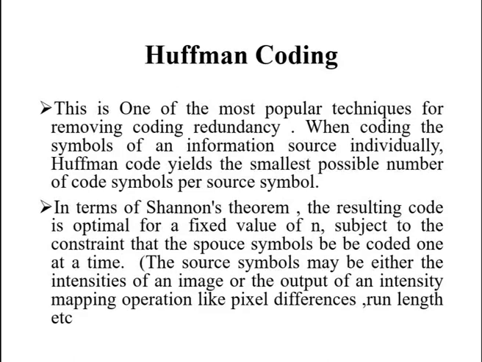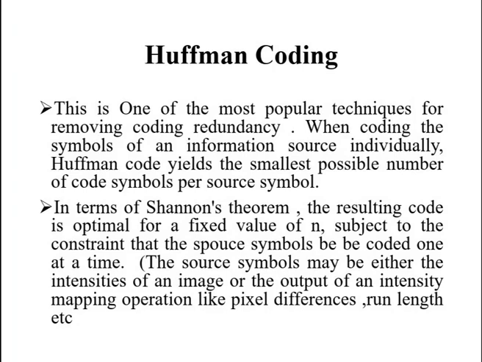The second step in the Huffman procedure is to code each reduced source, starting with the smallest source and working back to the original source. The minimal length binary code for a two-symbol source, of course, is the symbols 0 and 1. As the figure shows, these symbols are assigned to the two symbols on the right. The assignment is arbitrary; reversing the order of 0 and 1 would work just as well.